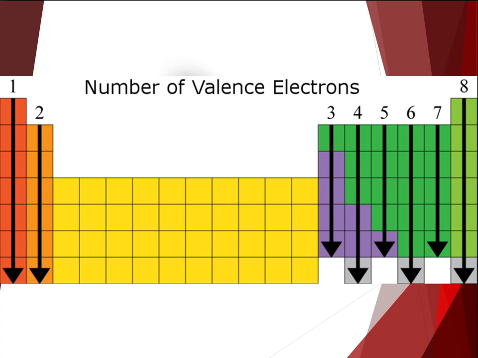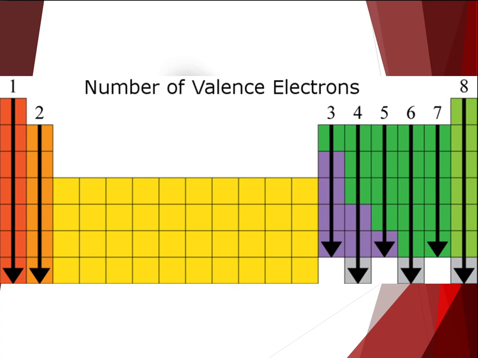Valence electrons are an important factor in determining the properties of an element. Valence electrons are those that atoms tend to gain, lose, or share during a chemical reaction. The group number corresponds with the number of valence electrons in the atoms of many elements. For the representative elements, which are indicated on the screen here, they are electrons in the outermost energy level.